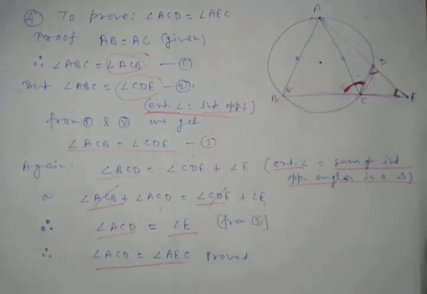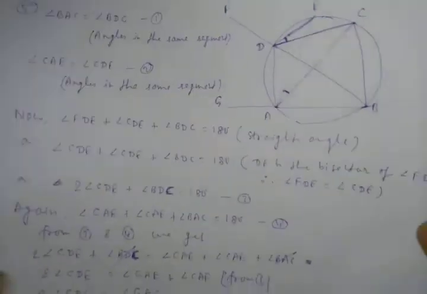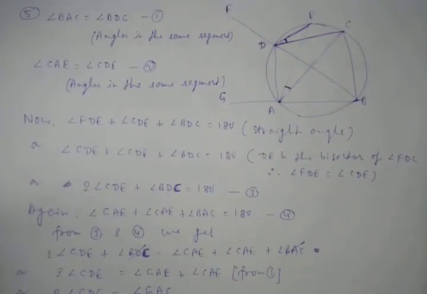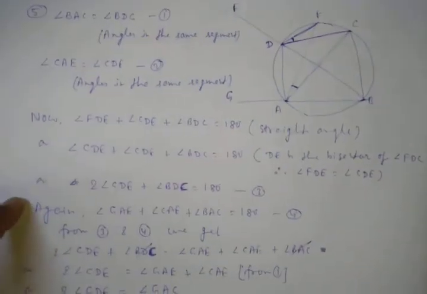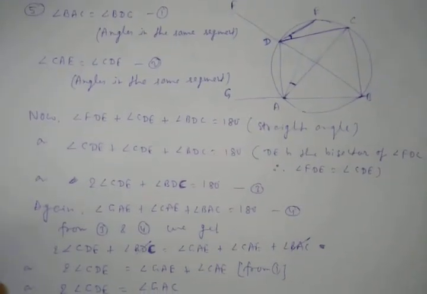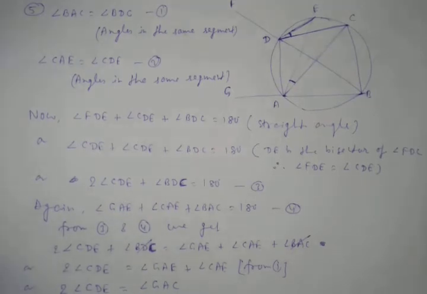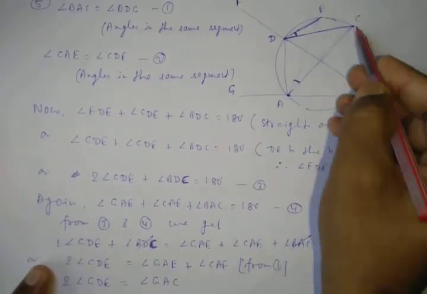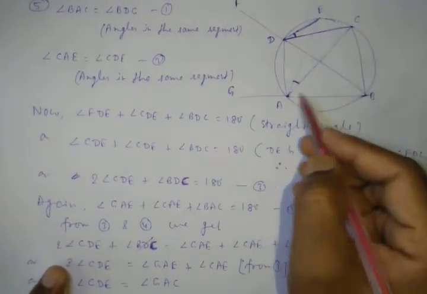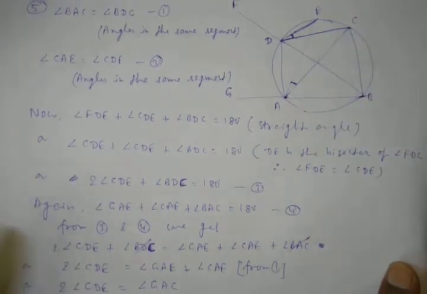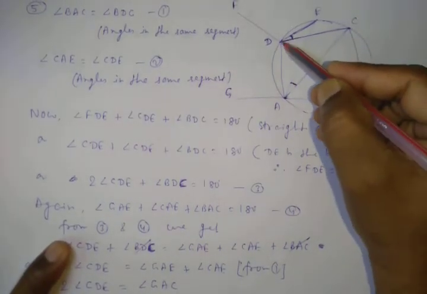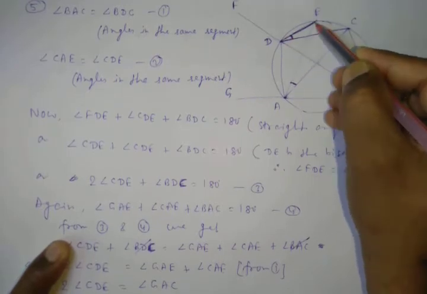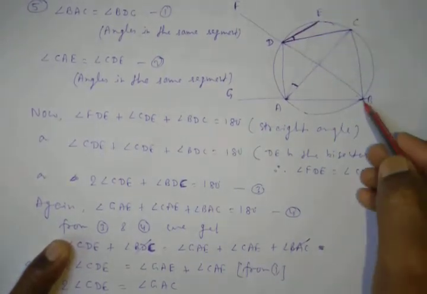And then you have the last one, number 5. In this question number 5, you can see that the whole solution has some parts on the other page. In this question we are given a cyclic quadrilateral ABCD. And here DE is the bisector of the exterior angle BCD.